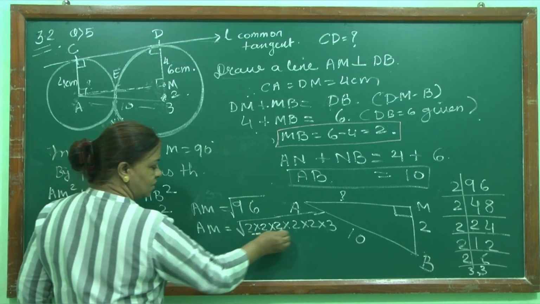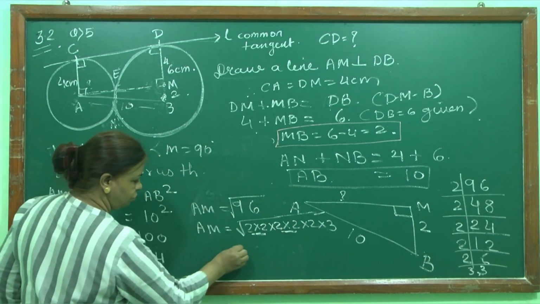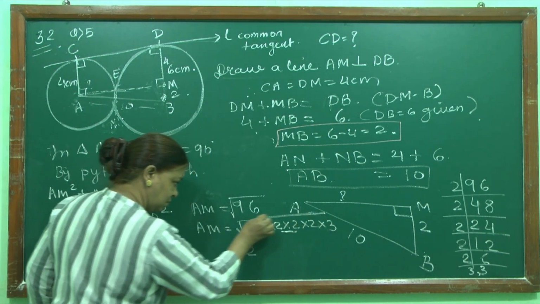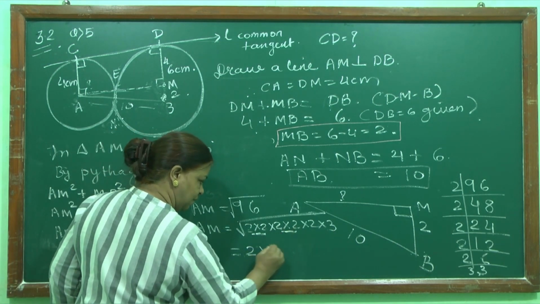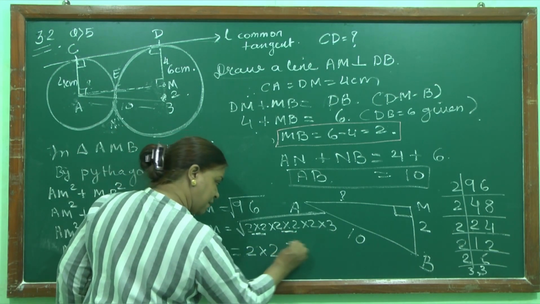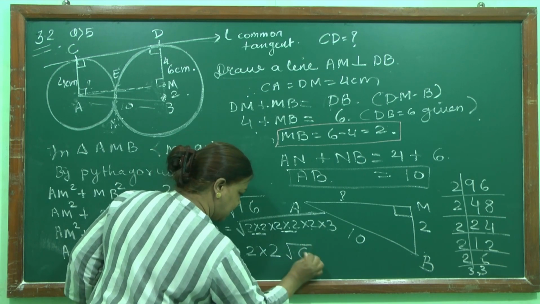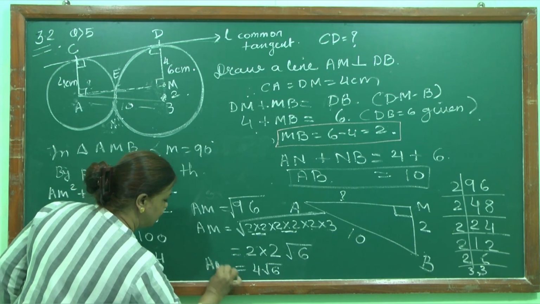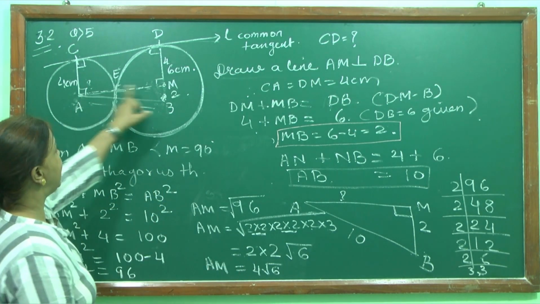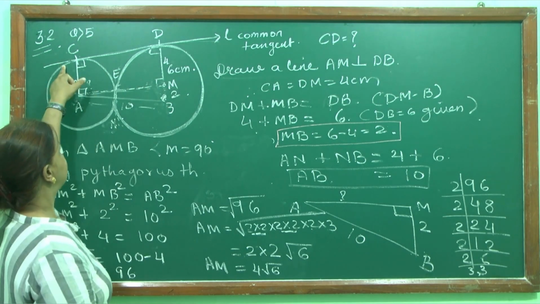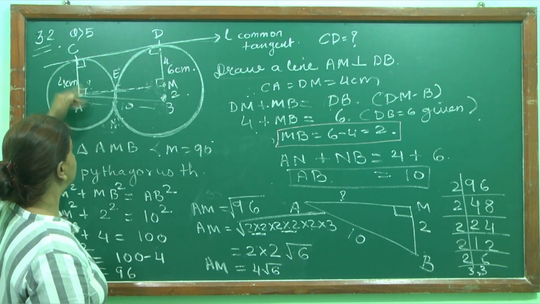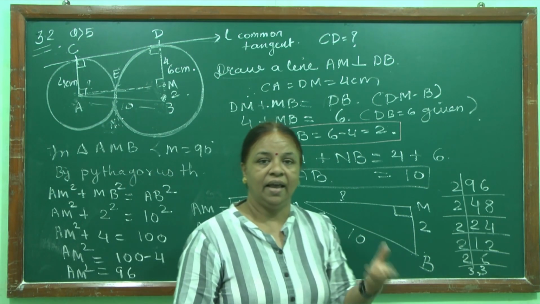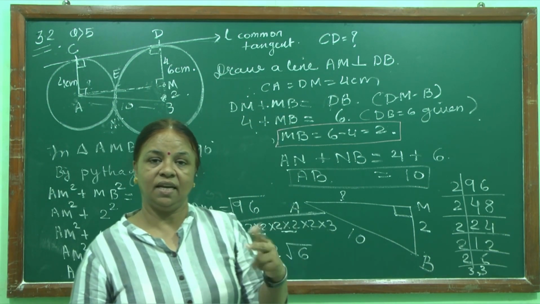Now the ones which are paired can come out of the root. Since 2 appears 2 times, they come out of the root. 1 time, 2 times, so they come out of the root. 2 and 3 will remain in the root. 2 3s are 6. So the answer is 4 root 6. So AM is equal to 4 root 6. But AM is equal to CD. Why? Because CAMD we have already proved is a rectangle, and in a rectangle opposite sides are equal.